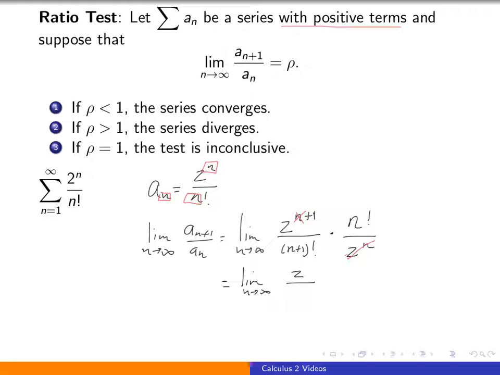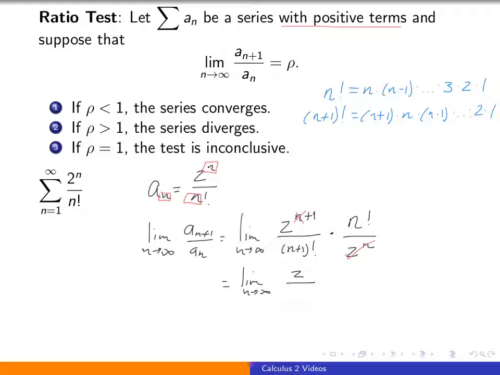Another observation that's going to be very useful is, recall, n factorial is really n times n minus 1 times dot dot dot. We multiply it by every positive integer less than it. So n plus 1 factorial would be n plus 1 times n times n minus 1, all the way down to, once again, 3 times 2 times 1.